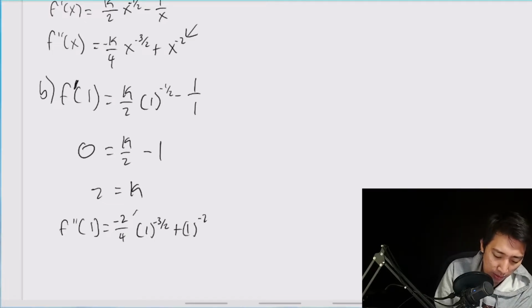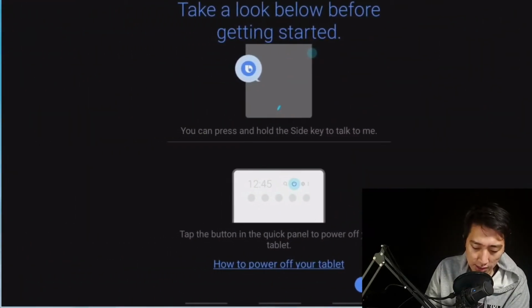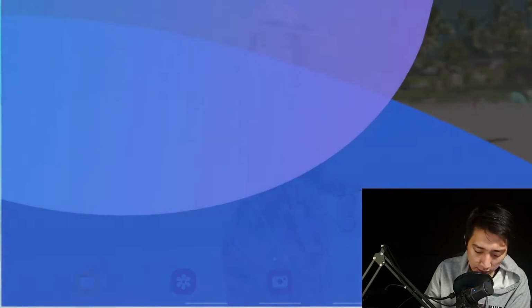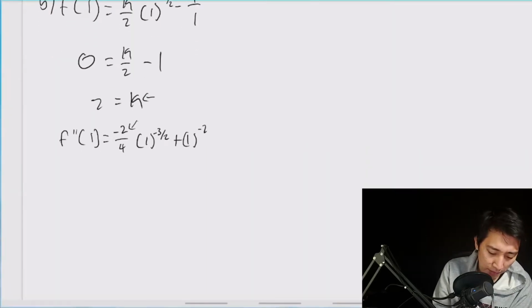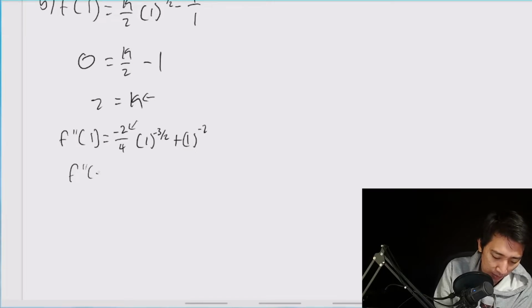And again, the reason why this is no longer k is we said that we're doing this function with the assumption that k is going to be equal to 2. And then from here, we just check f double prime of 1 is going to be equal to negative 1 over 2 plus 1, and then this is a positive number. So that means it's concave up.